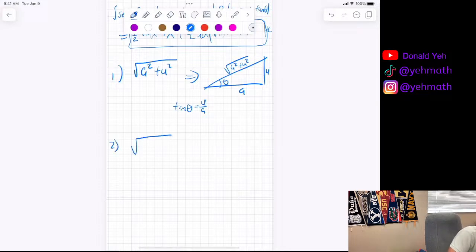How about a squared minus u squared? It's like a circle. We still construct a triangle. Understand that we only have tangent so far. What are the other two? Sine and secant. Which one does this look like?